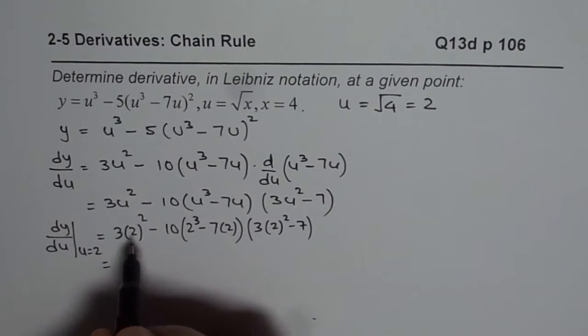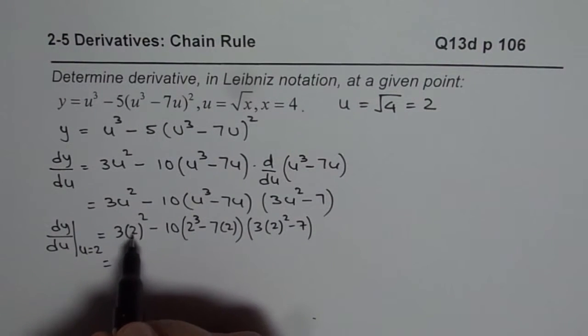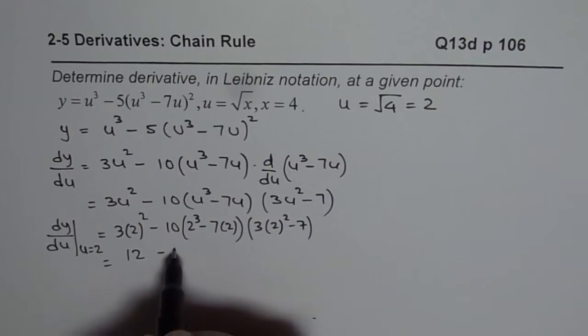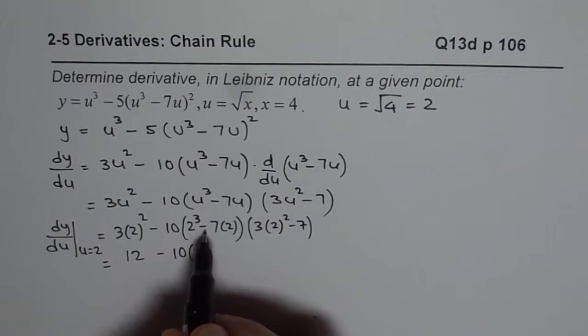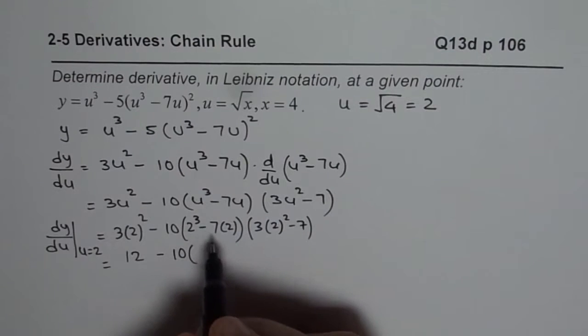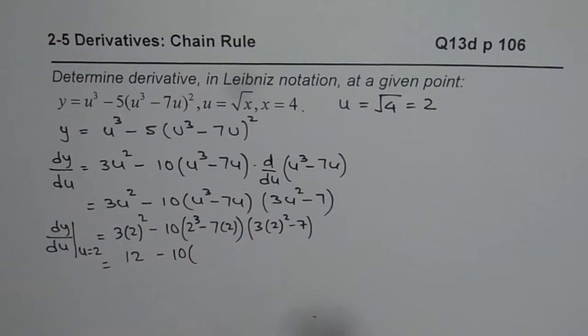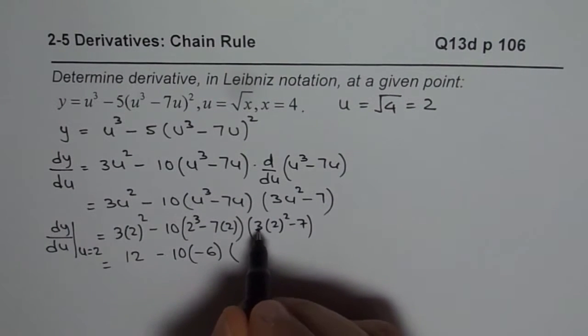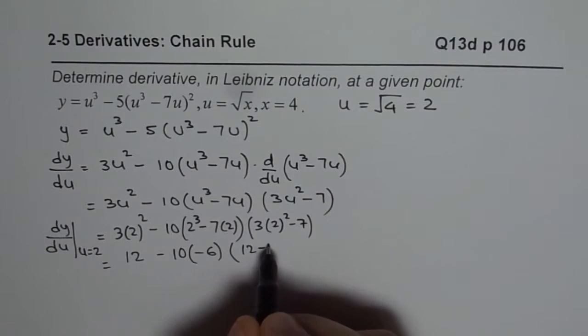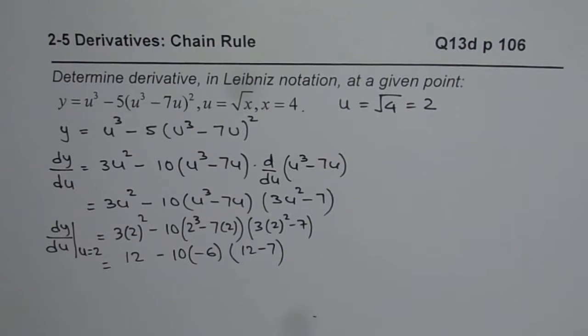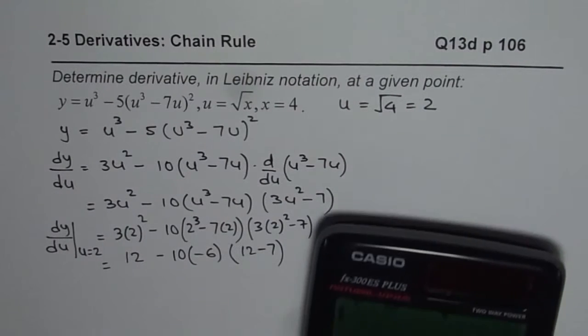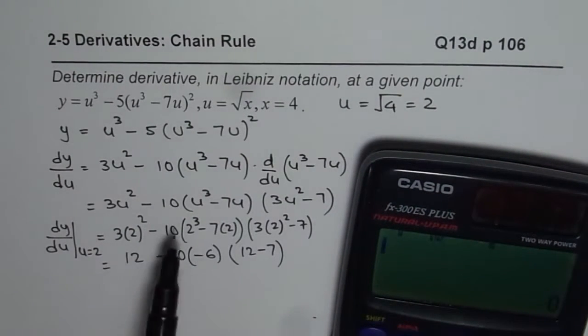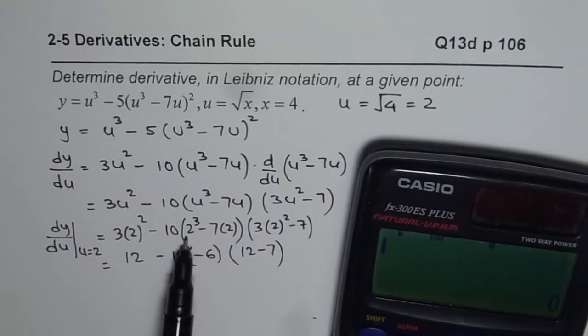So we'll simplify it a bit. 2 squared is 4, times 3 is 12, minus 10 times (8 minus 7 times 2, which is 14, so we get minus 6) times (12 minus 7), right? Let us use the calculator to evaluate this in one statement.